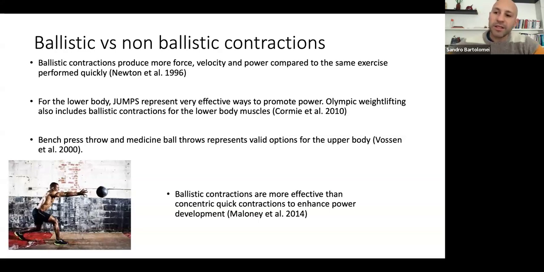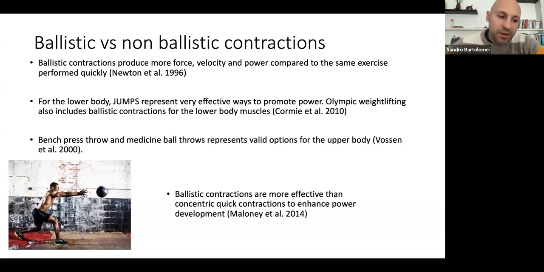You cannot increase your maximum power working on power when you are fatigued. So performing power exercises following a high volume resistance exercise is not useful, or is useful only to burn calories, but not to increase performance.